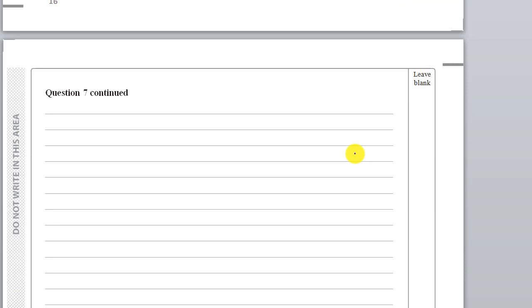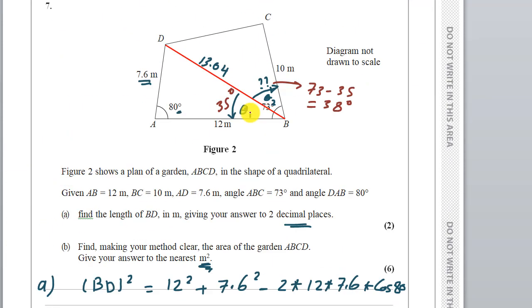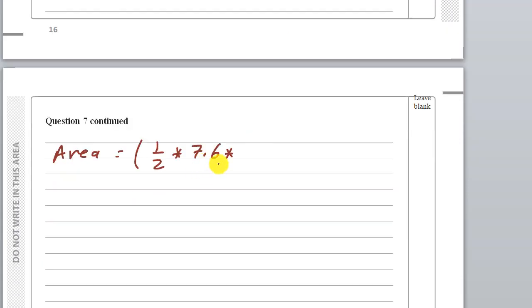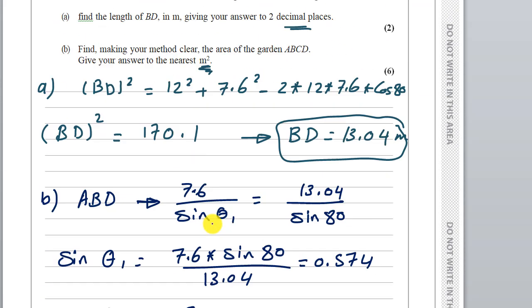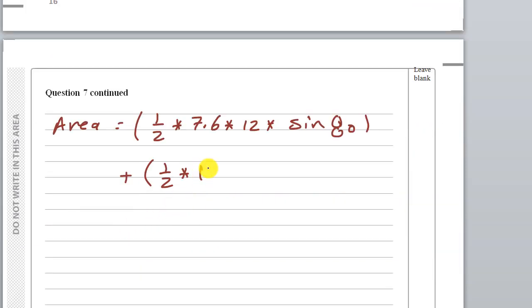So now the area is equal to the first triangle area, half multiplied by 7.6 multiplied by 12 multiplied by sine 80, plus the second triangle area, which is half 13.04 multiplied by 10 multiplied by sine 38.